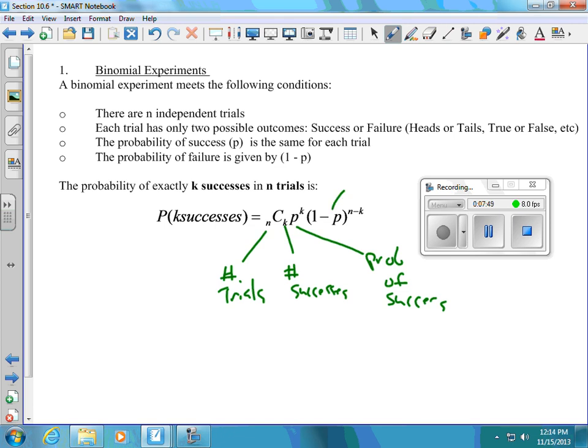This is the probability of failure, the 1 minus P part. And N minus K, that's subtracting the number of trials minus the successes. It's really the number of failures. Okay? So, keep that in your notes as we move forward here.